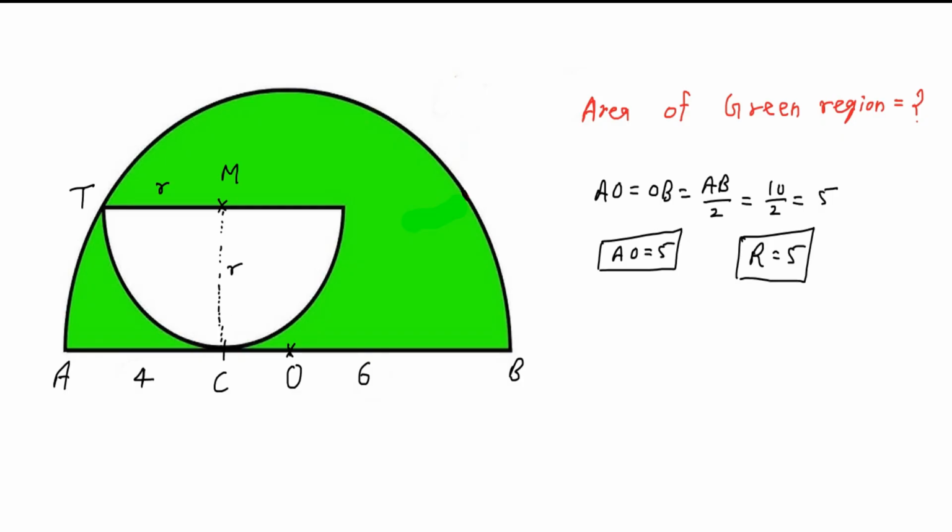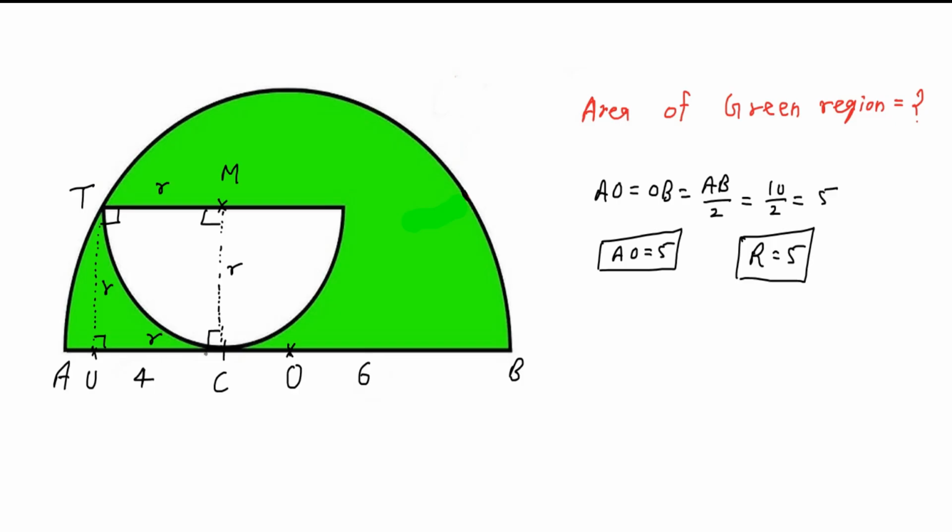So if we join the center with the point of contact of the tangent of any circle, that means this angle will be 90 degrees. Here this angle is also 90 degrees. So if we drop a perpendicular from T on segment AB, let's call this foot U. Here this angle will also be 90 degrees, and the remaining angle will also be 90 degrees, and TU will also be the radius of the circle, and UC will also be the radius of the circle.